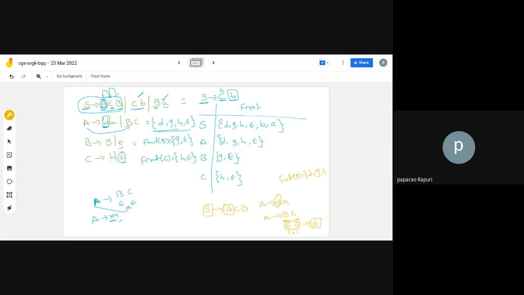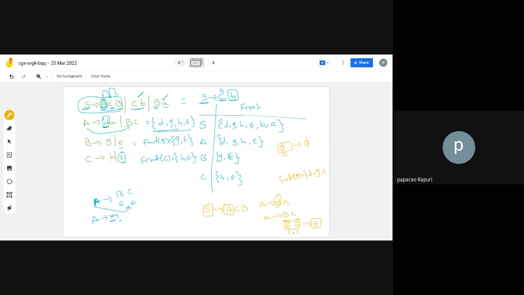So that's why that is epsilon. If anywhere you get phi, that is 0. So 0 multiplied by anything is 0, that means phi. So epsilon multiplied with anything, 1 multiplied with anything, we will get. So like that, epsilon into epsilon is epsilon, sir. So here A is deriving epsilon indirectly.